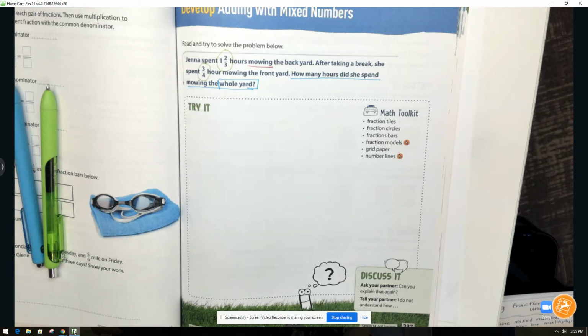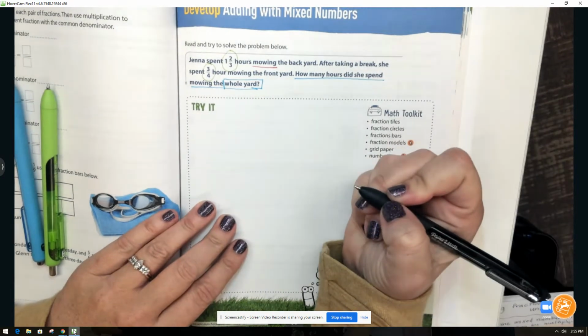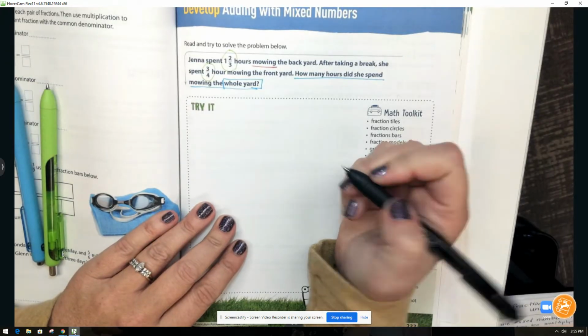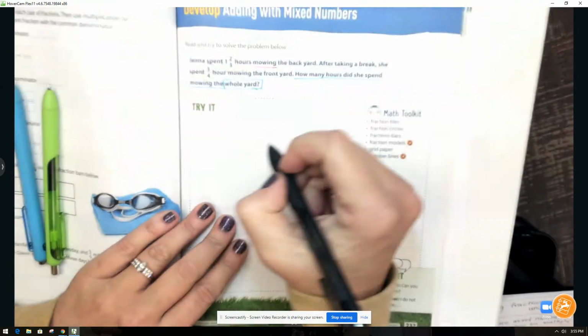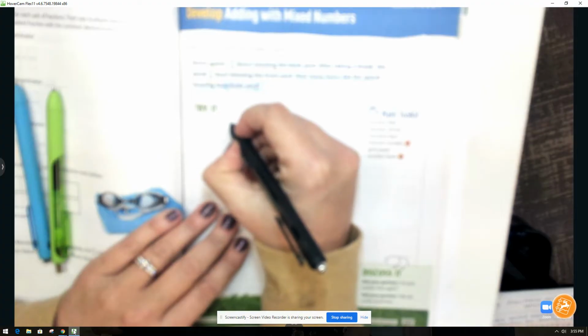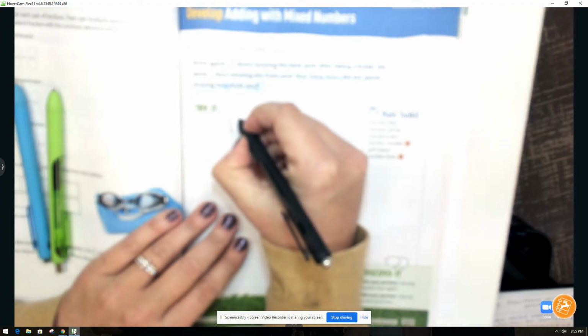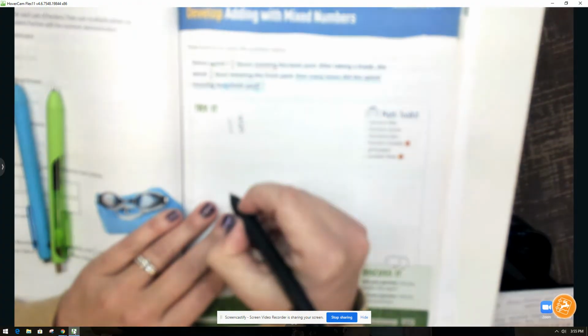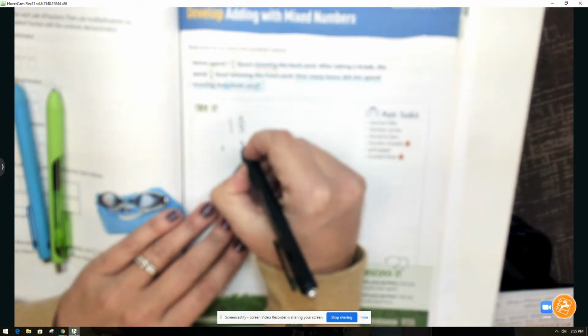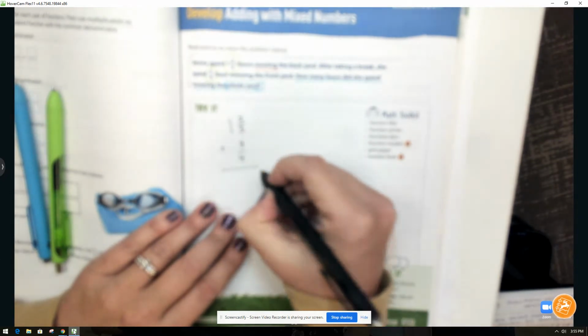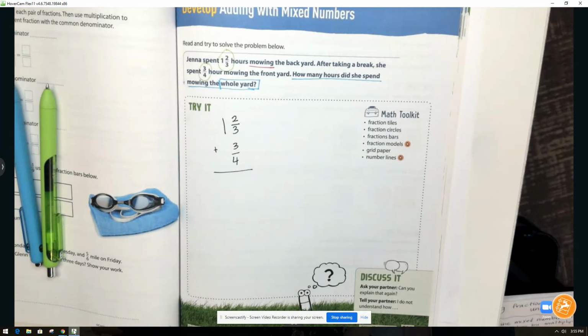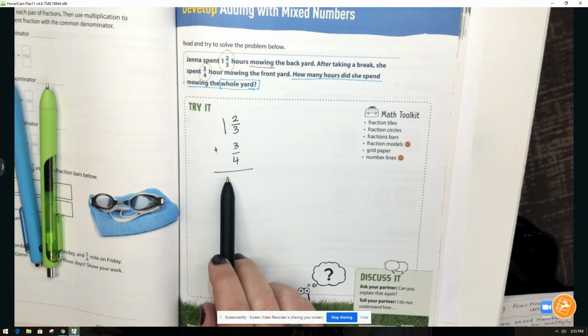Okay, so if I were going to solve this problem, here's what I would do. First I would write it in fraction form. So I have 1 2/3 plus 3/4. I wrote it in sandwich form because now I can add it more easily.